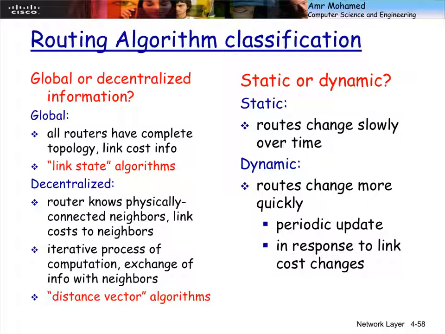Another type of classification is static routing versus dynamic routing. And that's, of course, clear. Routes change slowly over time because it's done manually in the case of static routing. And every time the topology changes, we have to change them, which is not practical. So we need some kind of dynamic routing protocol, which requires periodic updates.